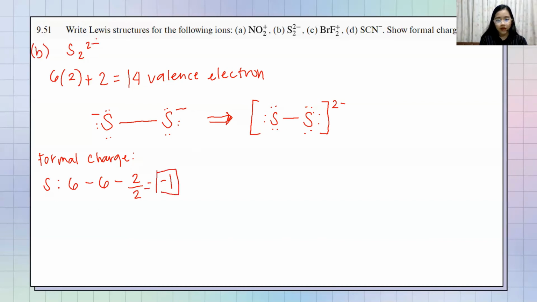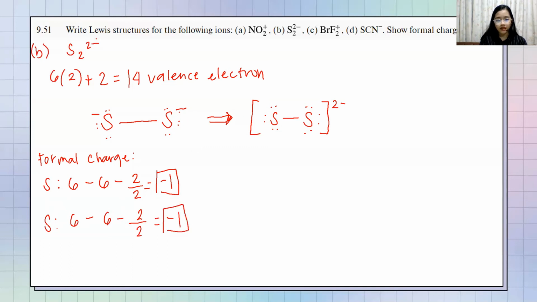So here at the right side, 6 valence electrons since sulfur has 6. How many non-bonding? 1, 2, 3, 4, 5, 6. 6 non-bonding electrons and 2 bonding electrons over 2, we get negative 1 as well.